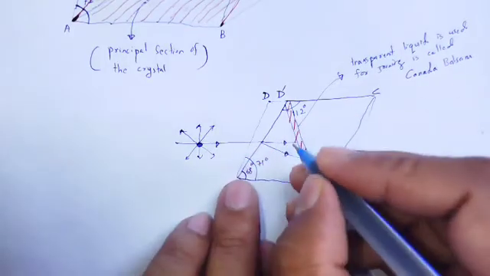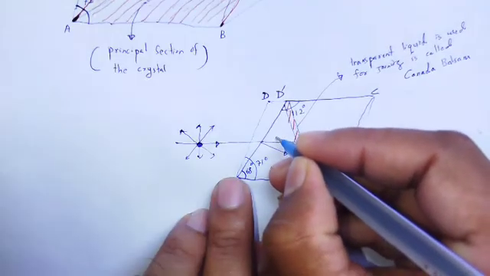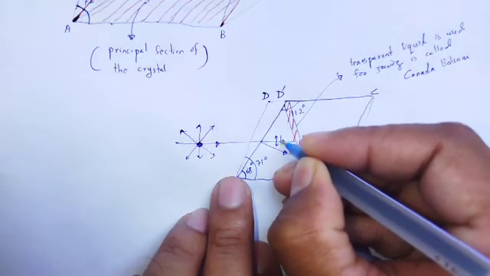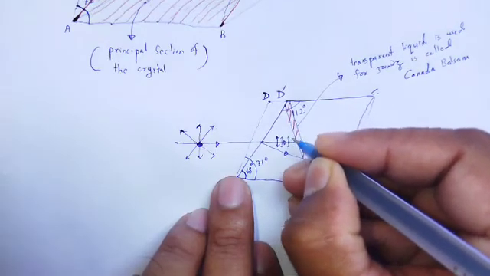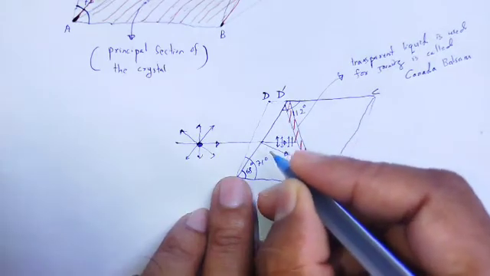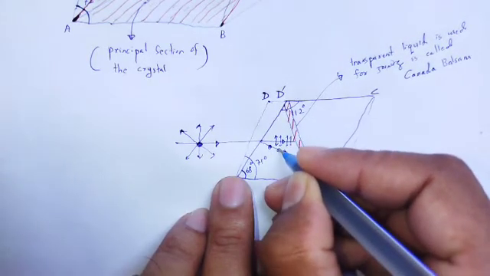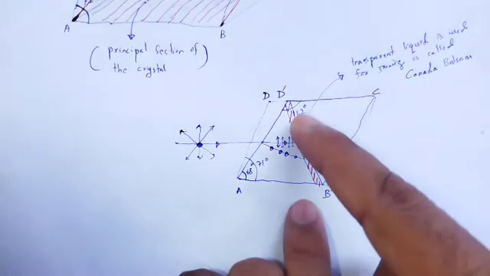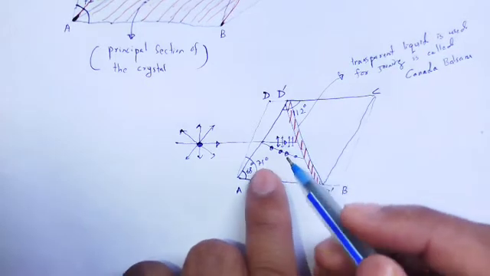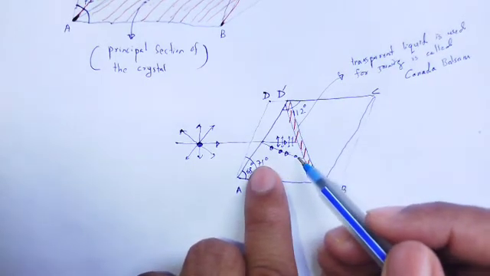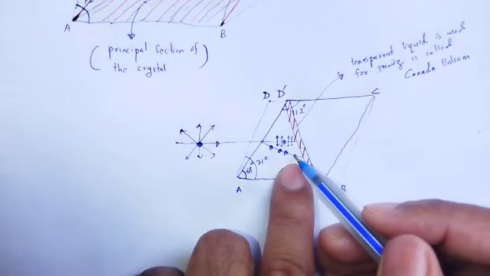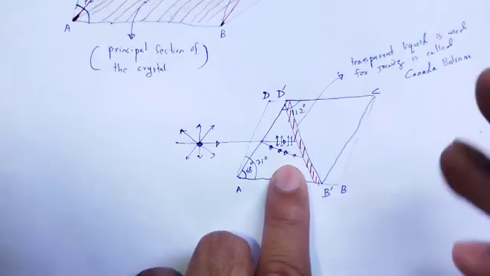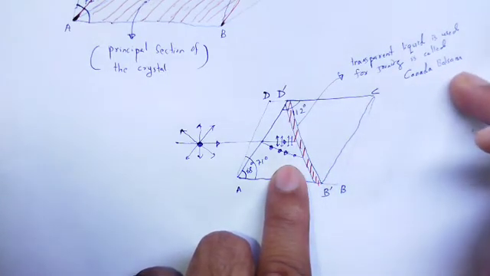In the E ray, the vibrations are parallel to the plane of the paper. For the O ray, they are perpendicular to the plane of the paper. Here at the surface, the refractive index of the O ray is greater than the refractive index of Canada balsam.